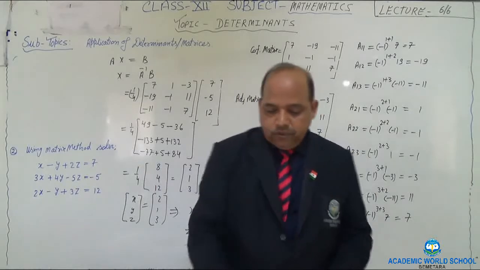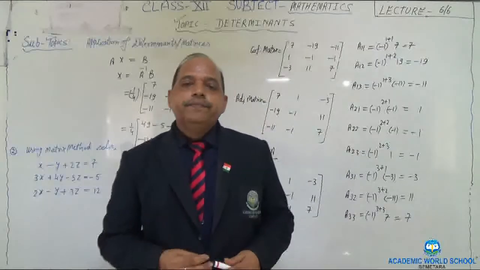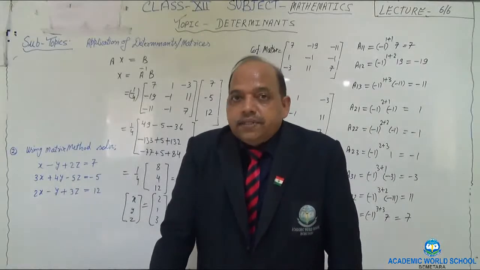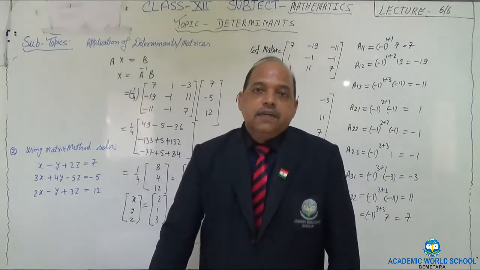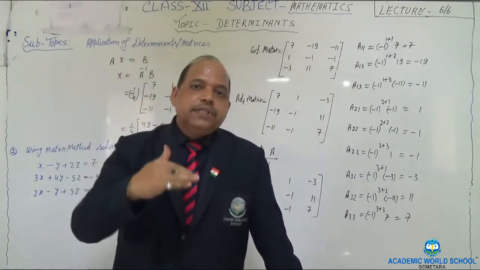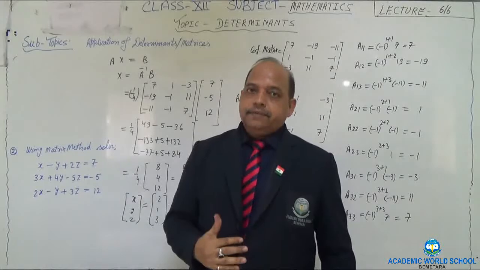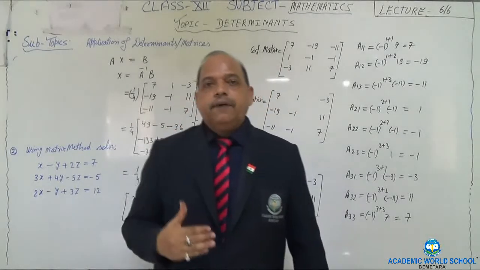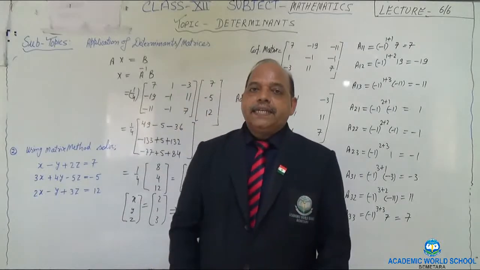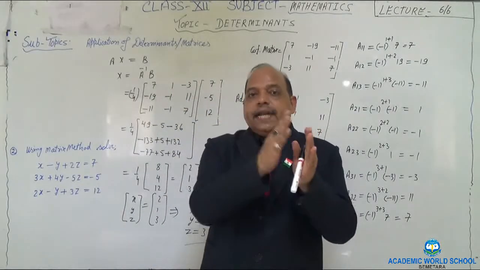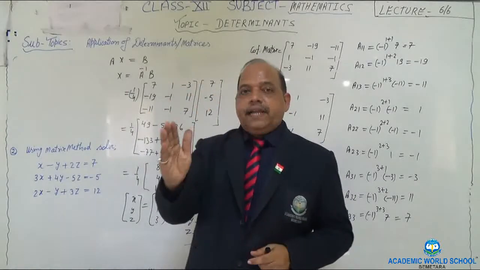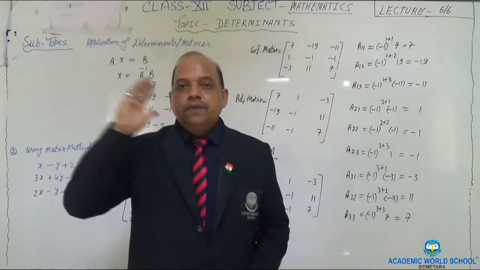So what I told you today is how to solve a system of linear equations using the matrix method. Again, I'll just remind you how to proceed. First you need to express the given system of linear equations in matrix form, where you are writing it in the form AX equal to B. A is the coefficient matrix, X is the variable matrix, B is the scalar matrix. Fine.